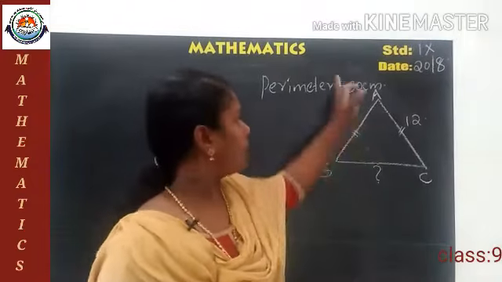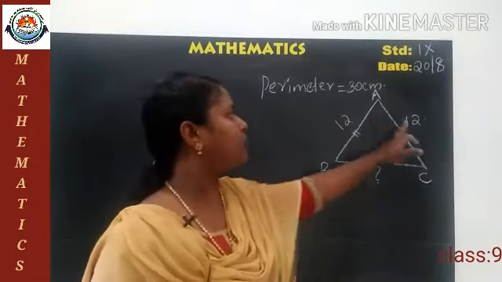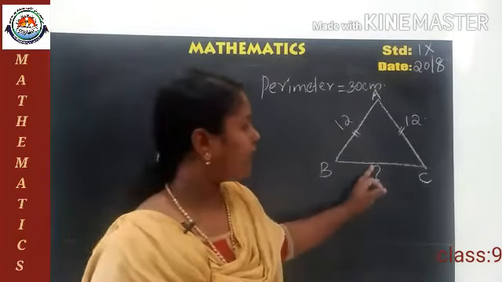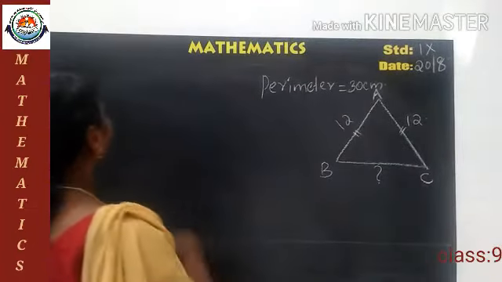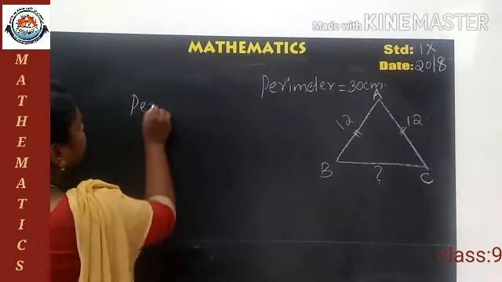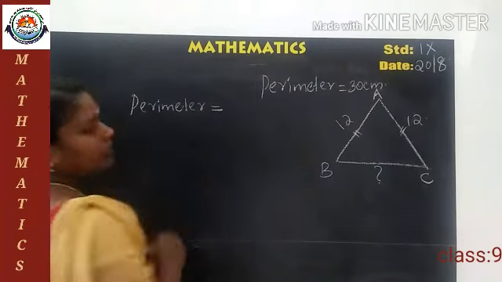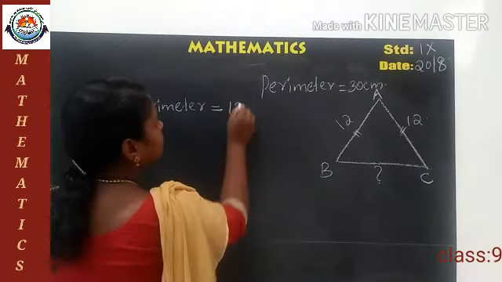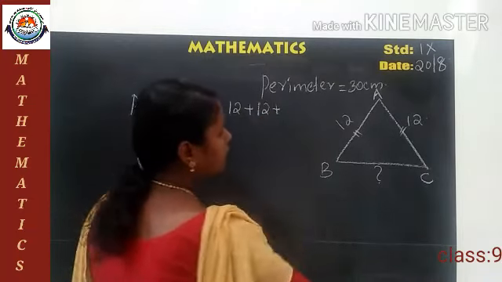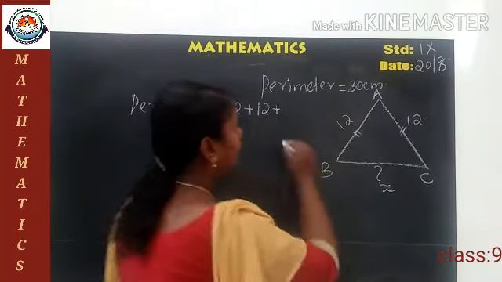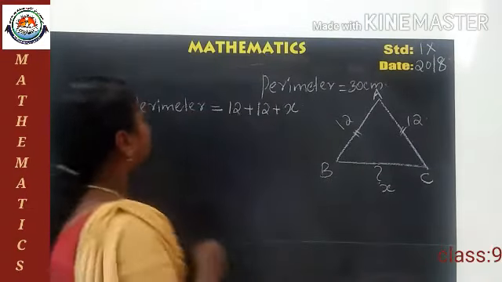Perimeter is 30 centimeter. Using this perimeter and these two sides, we can find length of the third side. That is, perimeter is equal to sum of three sides, that is 12 plus 12 plus. We can take this unknown side as x. And perimeter is 30 centimeter.